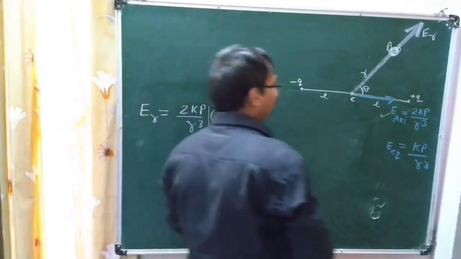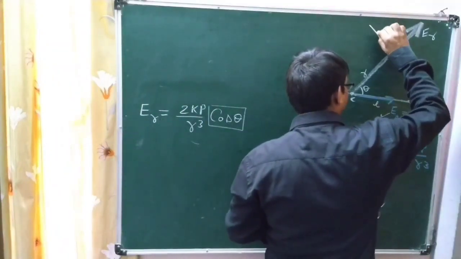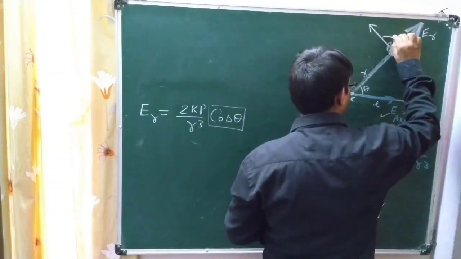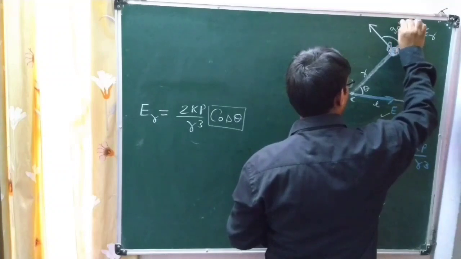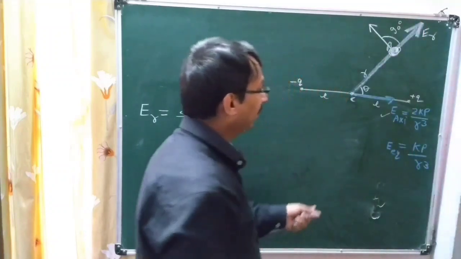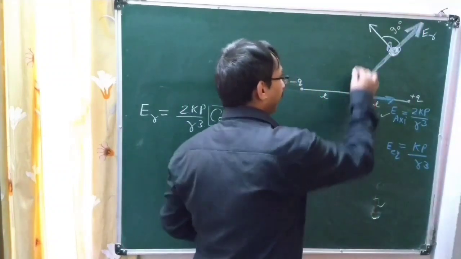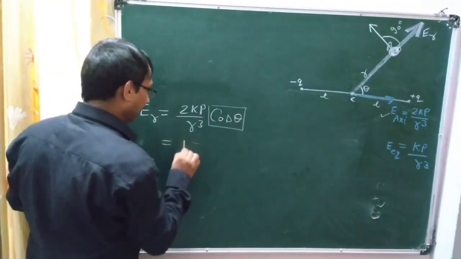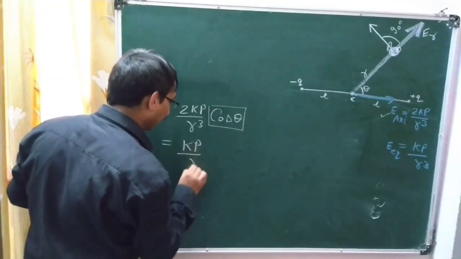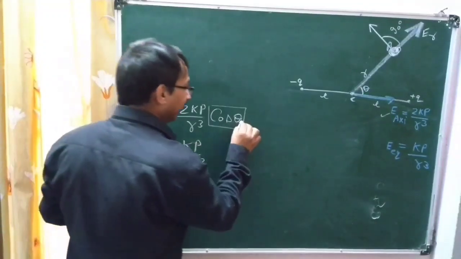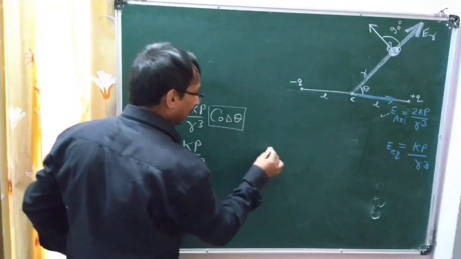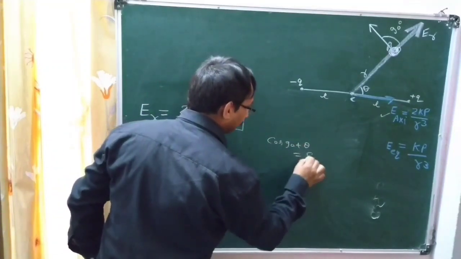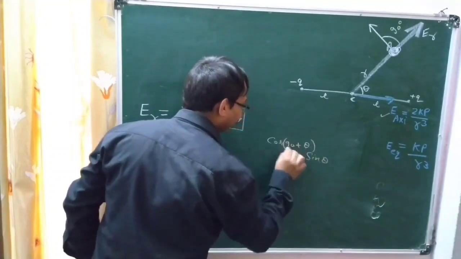Now we will find a point which is perpendicular to it. Perpendicular means 90 degrees apart from this, and it will be the equatorial point. So the equatorial point's electric field intensity will be kp upon r cube, and it is 90 degrees apart, so cos of 90 plus theta is equal to sin theta.